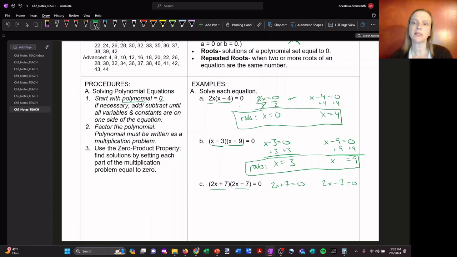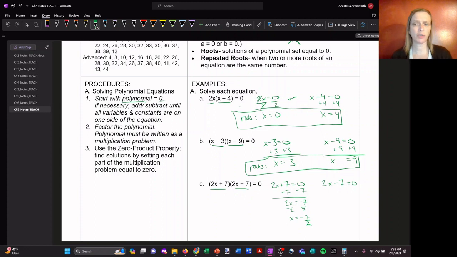This is a two-step process now to get x by itself. Remember to go in reverse PEMDAS order. I'm going to subtract 7 from both sides of the equation, and I'm left with 2x equals negative 7. And then I'm going to divide both sides of the equation by 2, and I'll get x is negative 7 halves.